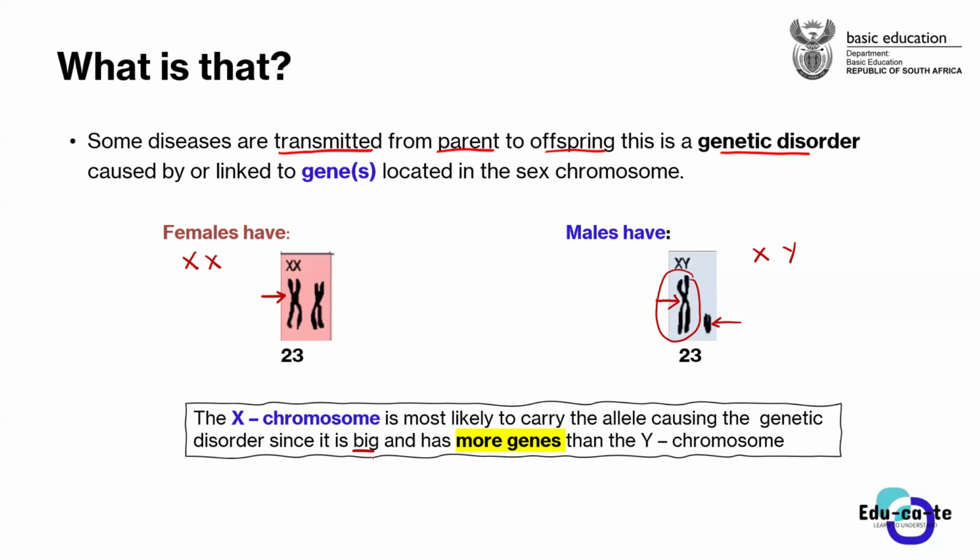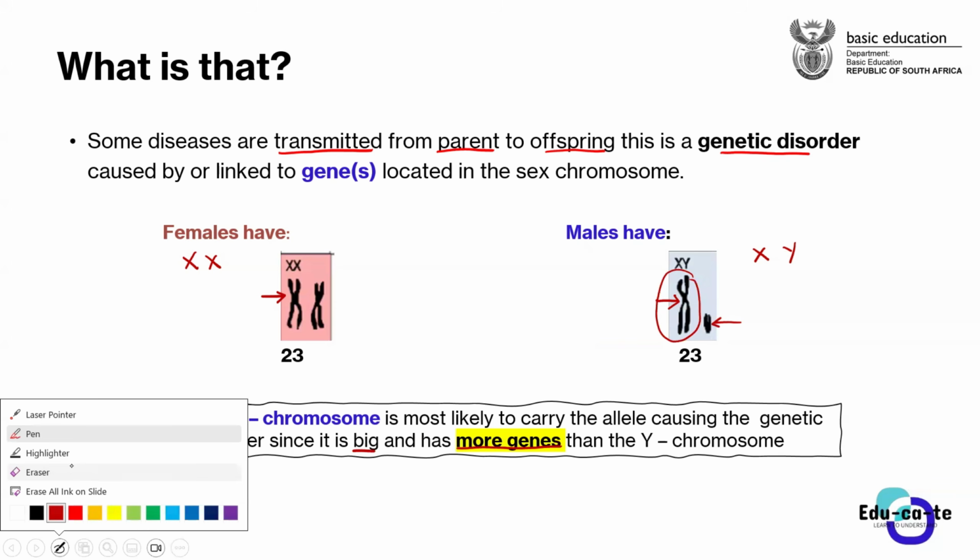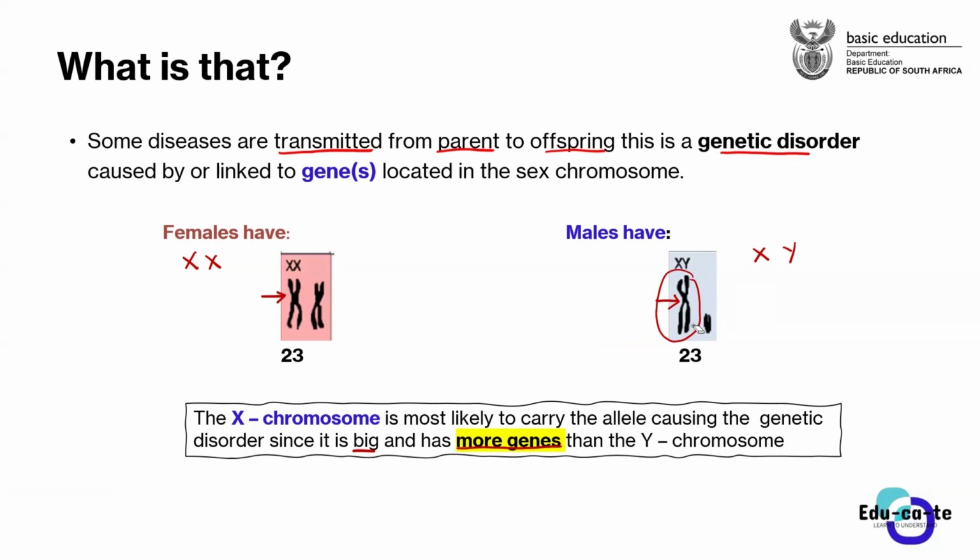That's one thing. And the second thing, it has more genes. There are more alleles found on the X chromosome than on the Y chromosome. The Y chromosome is so small that it cannot carry any genes or alleles, but the X chromosome is big and carries more genes.